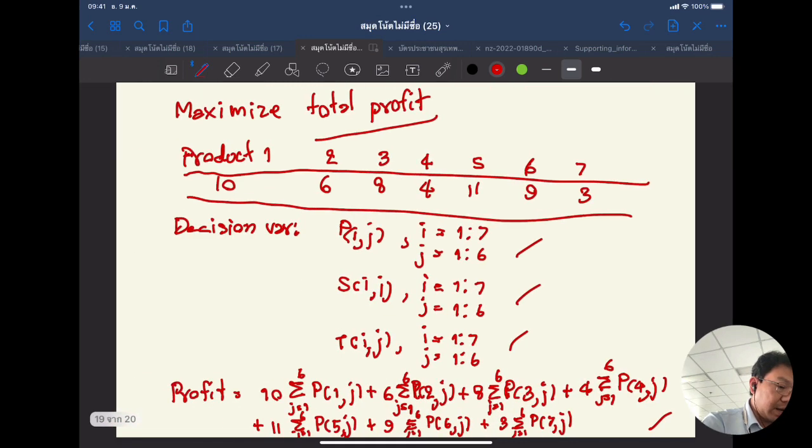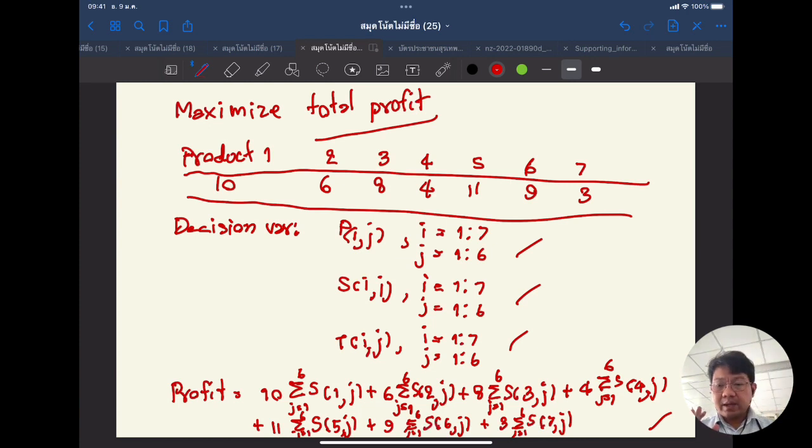Oh, sorry, I forgot that. This one should not be P, sorry. They must be S. Why is it not P? It should be S.